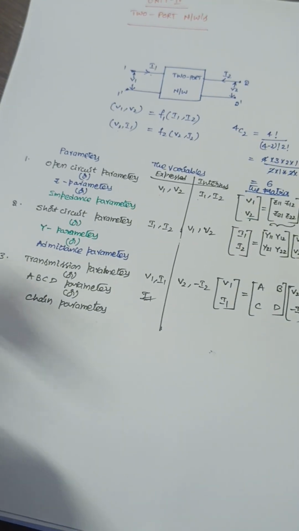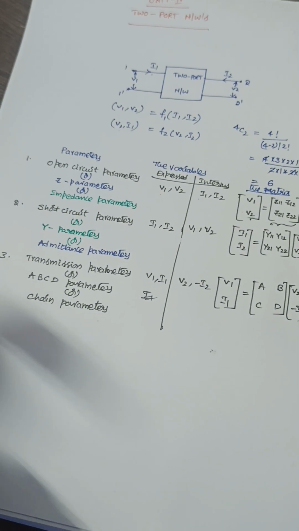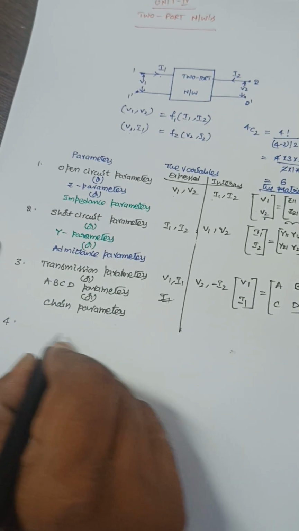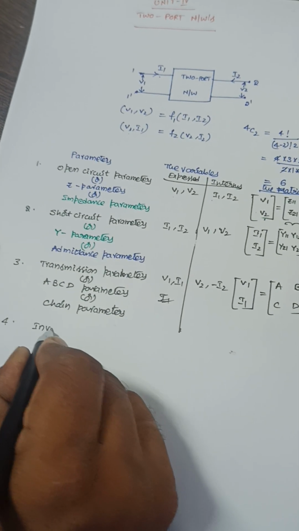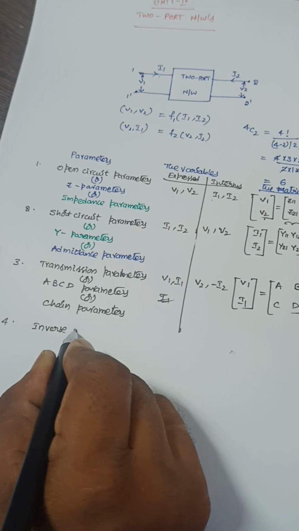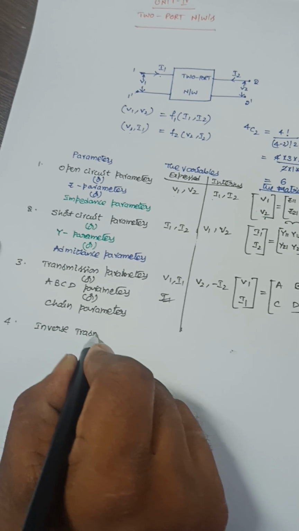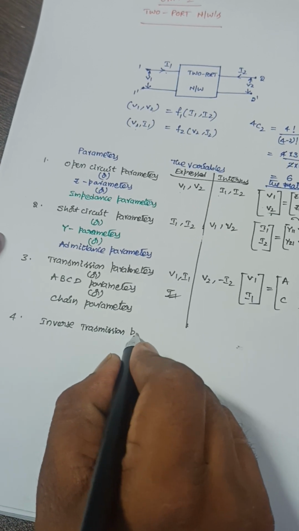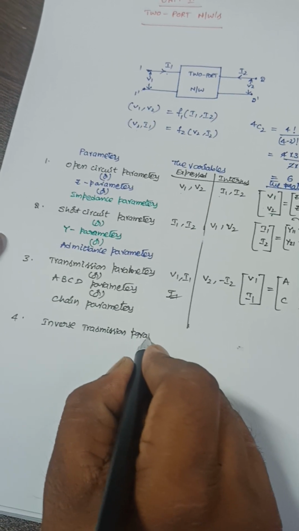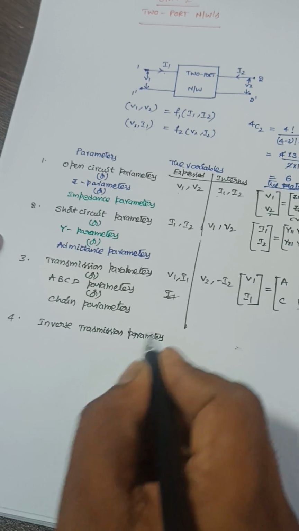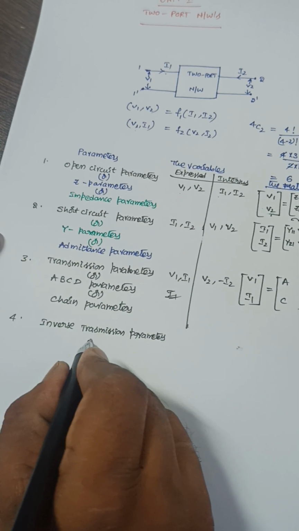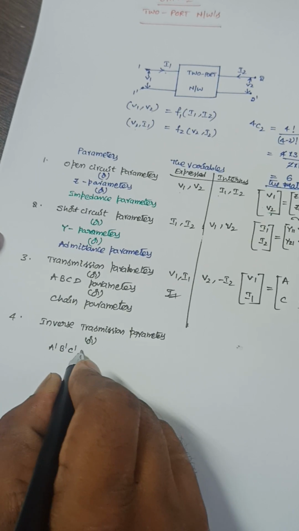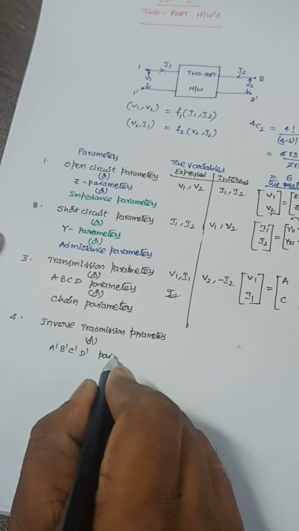Next, the fourth one is inverse transmission parameters, which are A dash, B dash, C dash, D dash parameters.